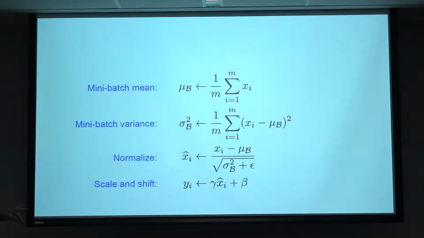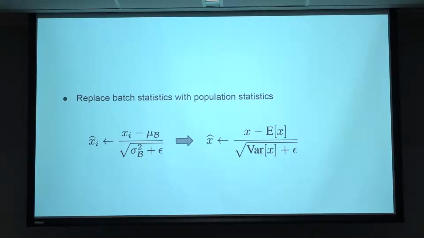But let the model decide what would be the appropriate mean and what would be the appropriate variance. So these are my parameters. When I do backpropagation, I take derivatives with respect to them, and I try to fit them. Okay? So it's a very simple idea, very effective in practice.